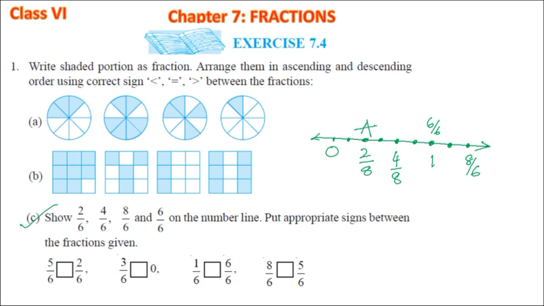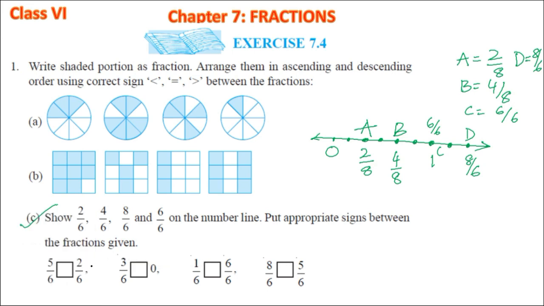Suppose I name this as A, this as B, C and D. A represents 2 by 6, B represents 4 by 6, C represents 6 by 6 and D represents 8 by 6. Now we have to put appropriate symbol here. 5 by 6 and 2 by 6, if you look at the denominators, they are the same.